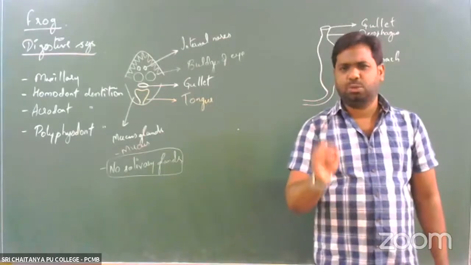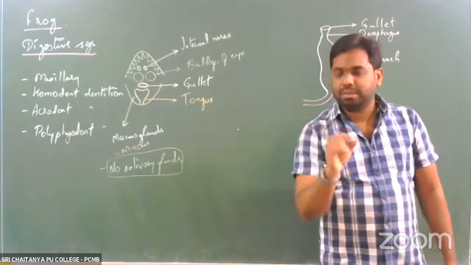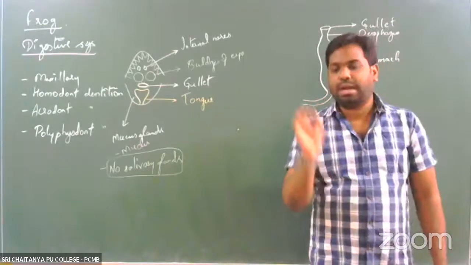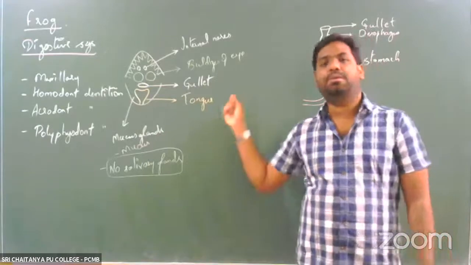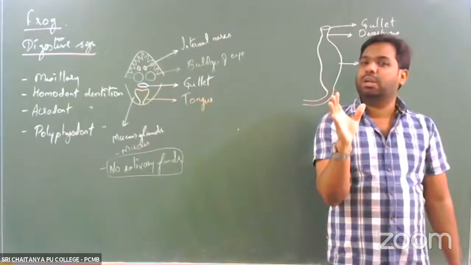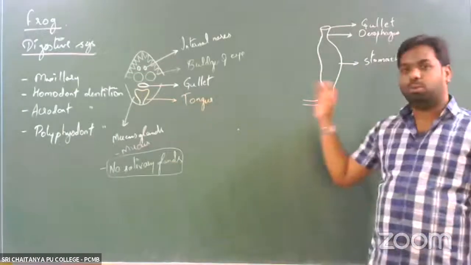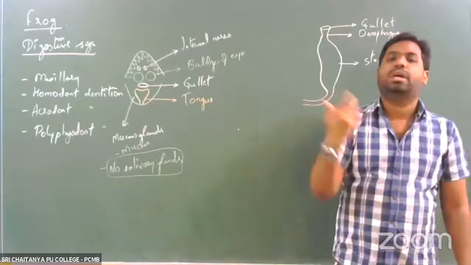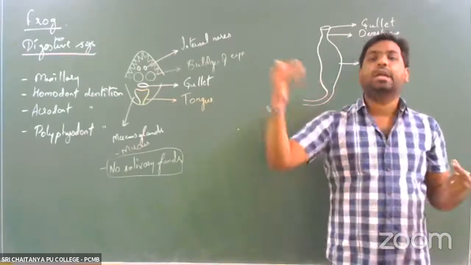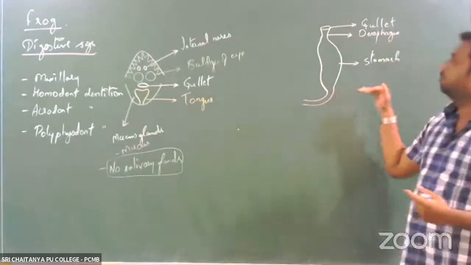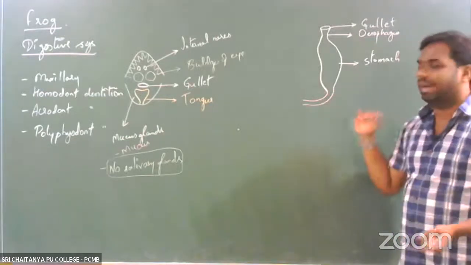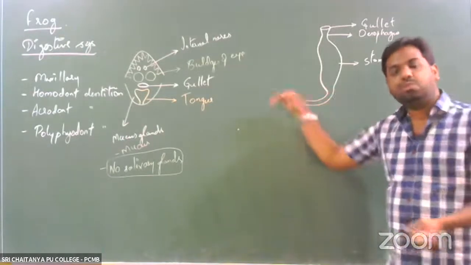If an organism is a carnivore, the alimentary canal would be shorter, especially the small intestine, because there is no cellulose digestion happening. If cellulose digestion has to take place, the alimentary canal would be longer, as seen in herbivores. Since frogs are carnivorous, they have a shorter small intestine.